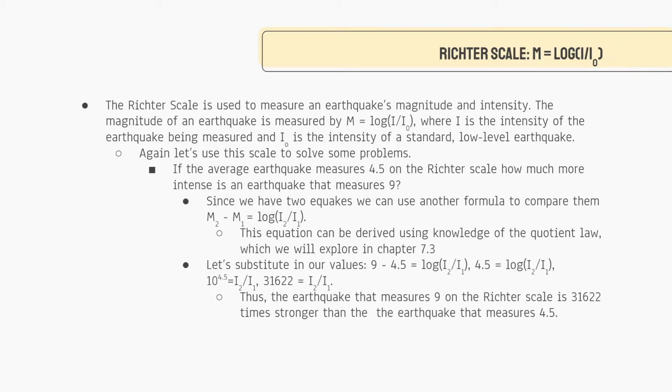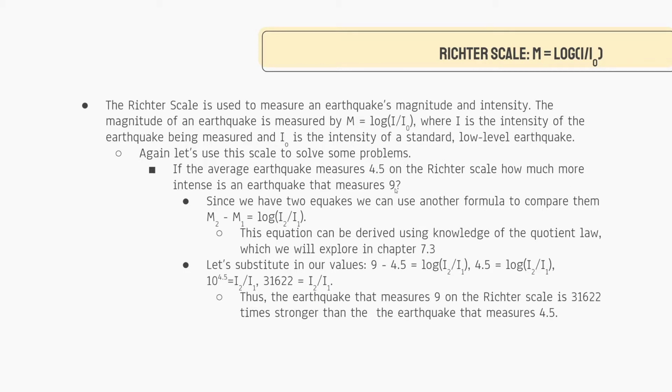So this is why we have to find out this formula here. Finding this formula we will do in chapter 7.3 when we actually learn the quotient law, so do not worry too much about it, but you have to memorize this formula as well. Once you know this formula, your life becomes so much easier.